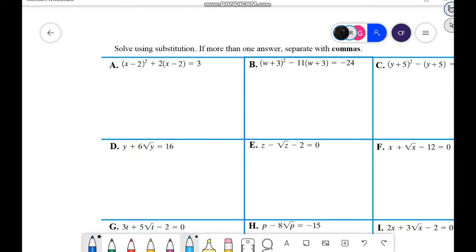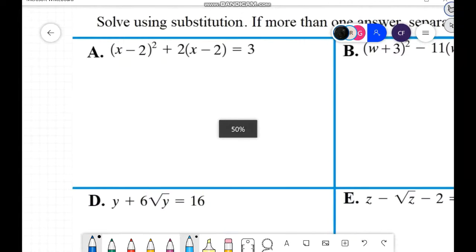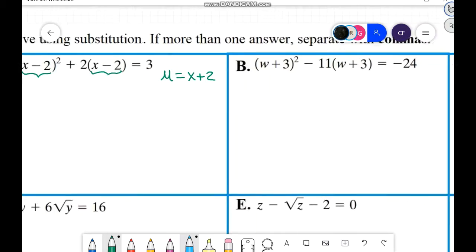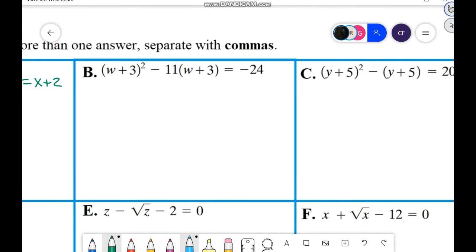All right, for these questions, you're going to solve using substitution. Let me start a few of these questions. You're going to have x plus 2 and x plus 2, so you make u equals x plus 2, and then find the answer.